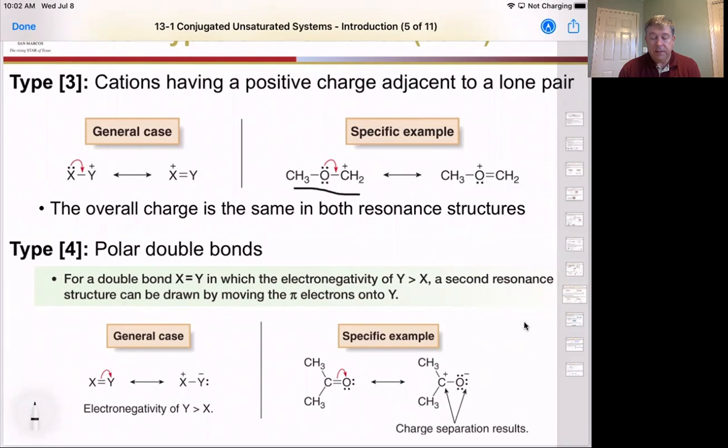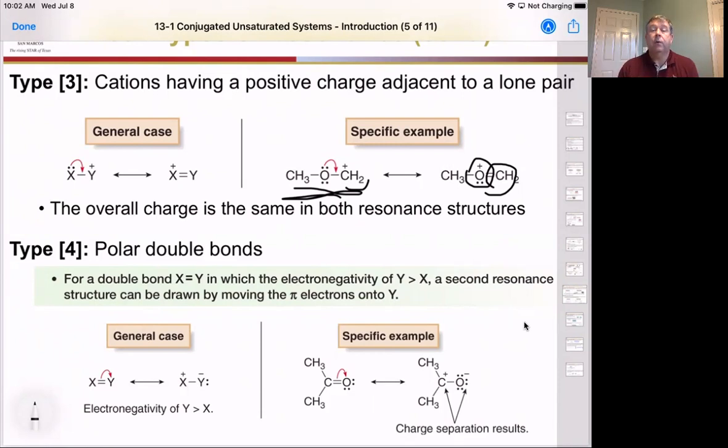So this takes place in something like an ether right here. If you have a positive charge next to an electronegative atom with a lone pair on it, it can actually go and stabilize the charge and have the charge reside on a single atom. So this is another, type 3, of our resonance possibilities.